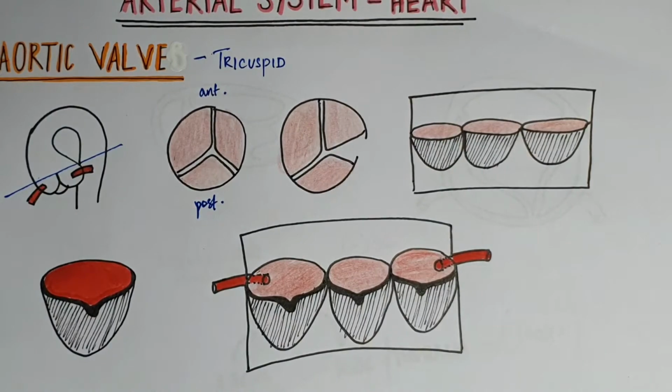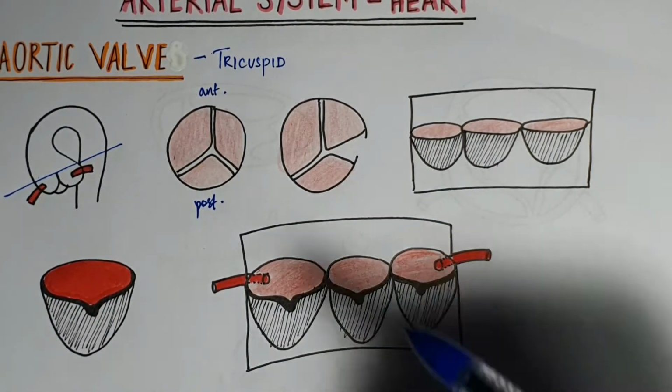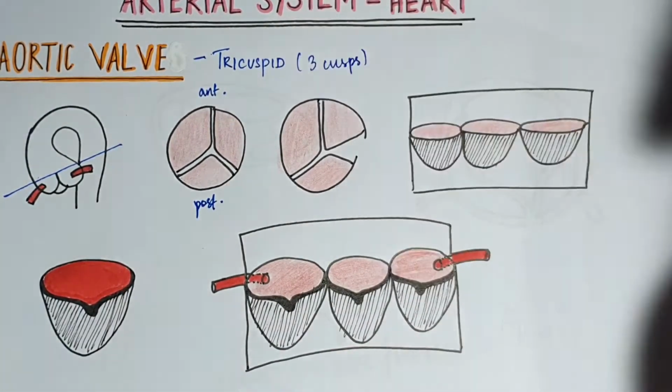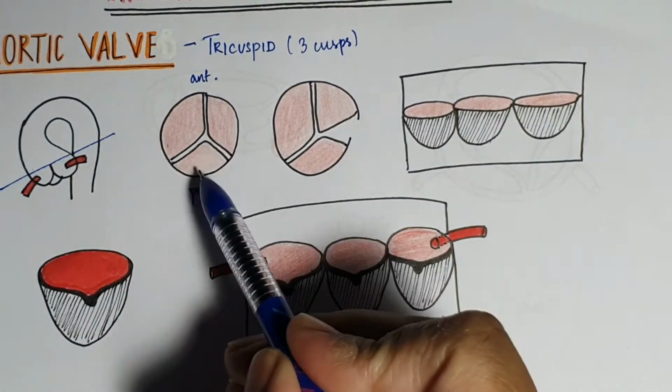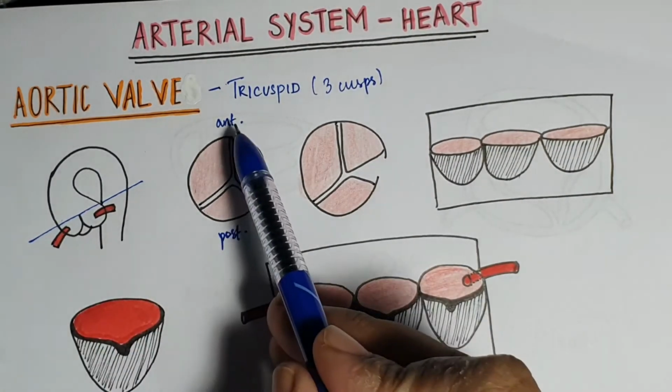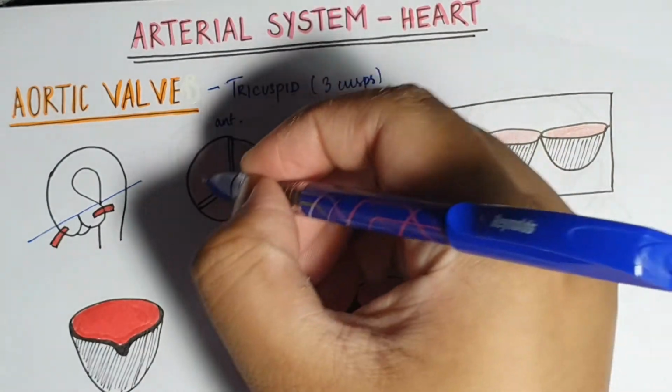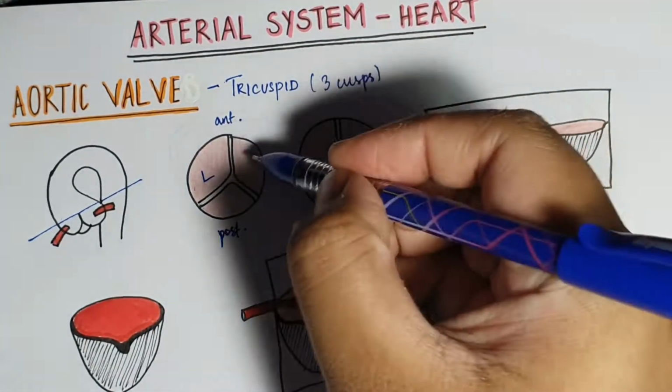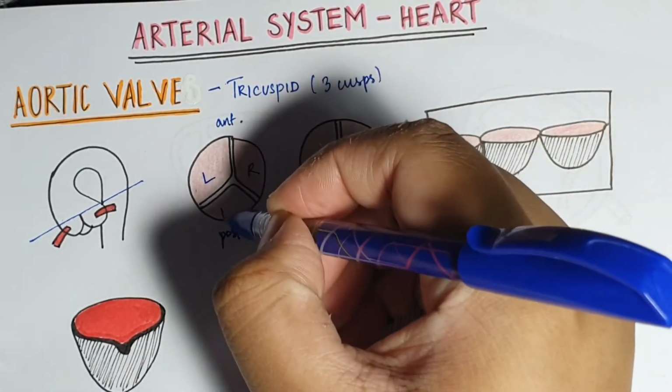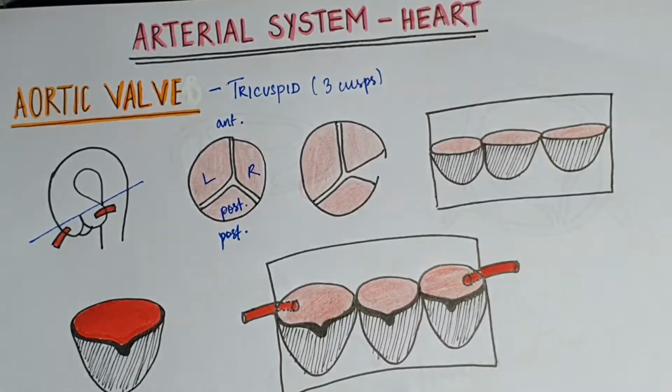So we have three cusps. Now these are the three cusps, and if this is anterior and this is posterior, we have a left cusp, we have a right cusp, and we have a posterior cusp.